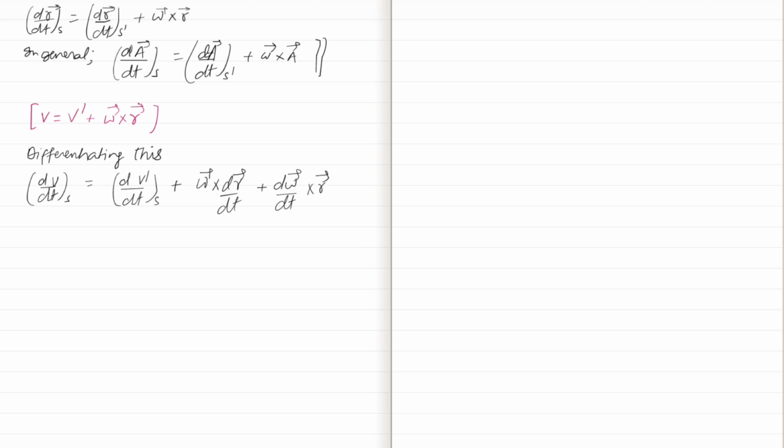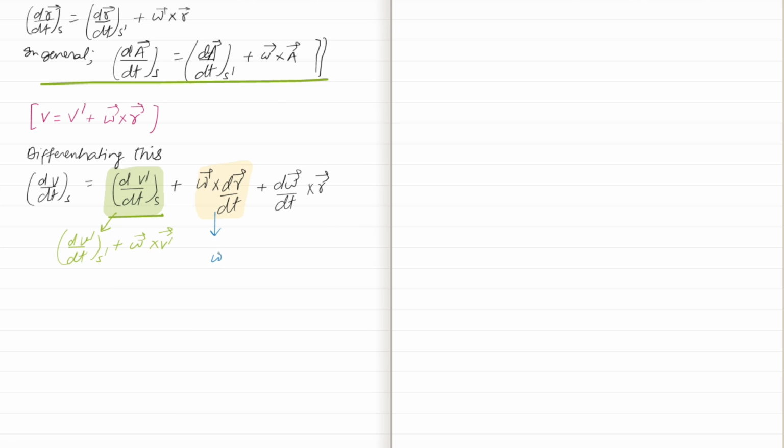Now let's look at the terms one by one. So if you look at this term dv dash by dt with respect to S, we can use this expression to simplify this term. So this will be dv dash by dt with respect to S dash plus omega cross v dash. So using this result, we directly wrote it at this. And let's look at these terms.